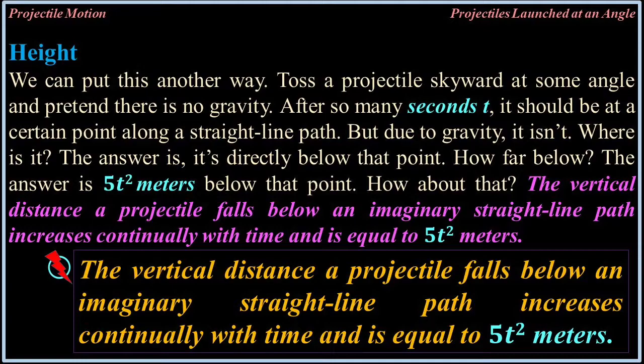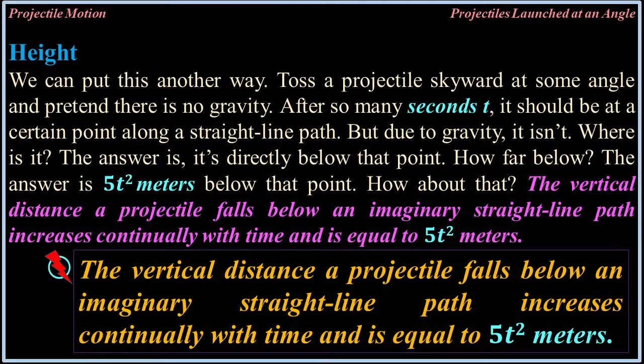Toss a projectile skyward at some angle and pretend there is no gravity. After so many seconds t, it should be at a certain point along a straight line path. But due to gravity, it isn't. Where is it? The answer is it's directly below that point. How far below?